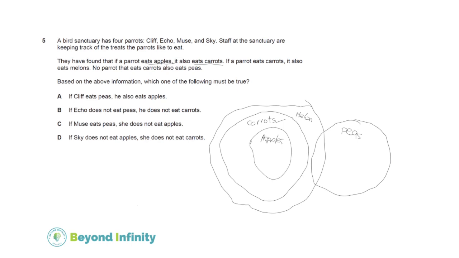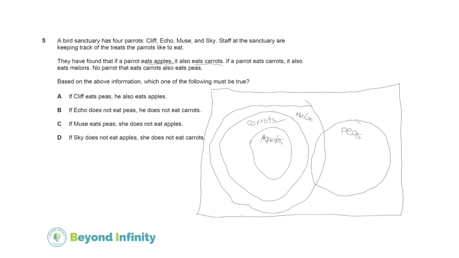However, the key here is that because no parrot that eats carrots also eats peas, these 2 circles for the carrots and the peas must be separated. They're not overlapped. And then finally, I'll draw a square outside that represents birds that don't eat anything. Now we have the Venn diagram drawn.